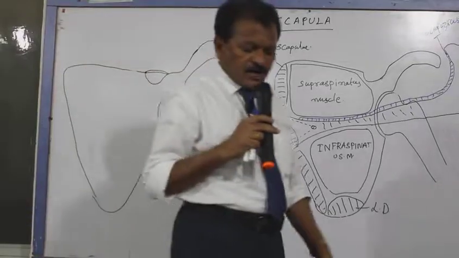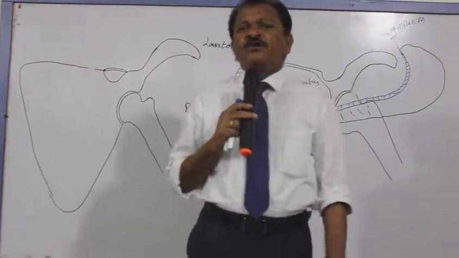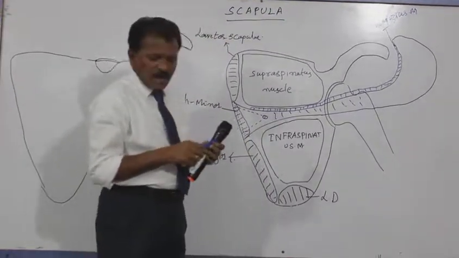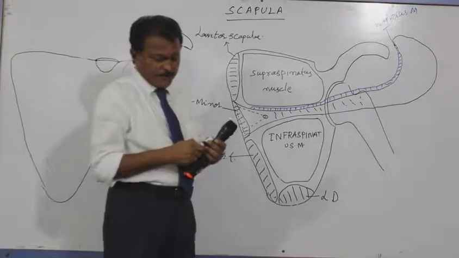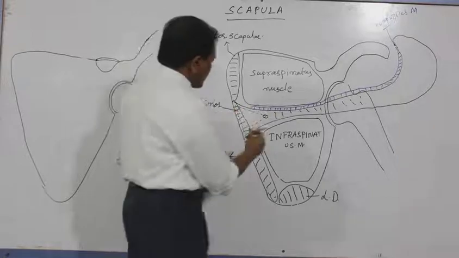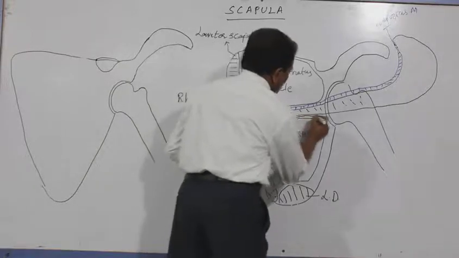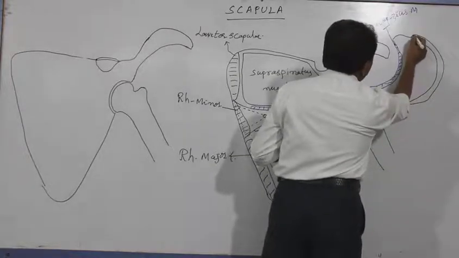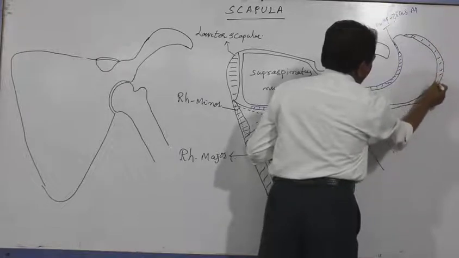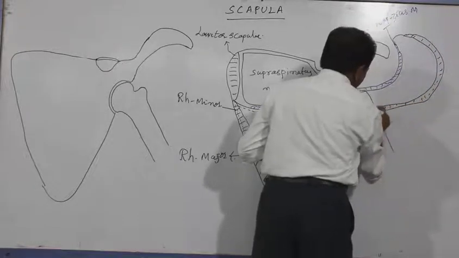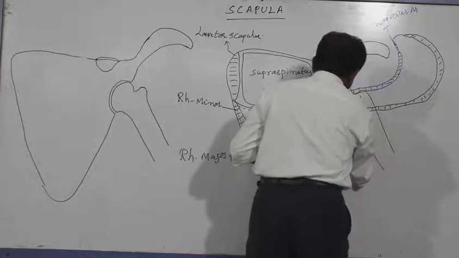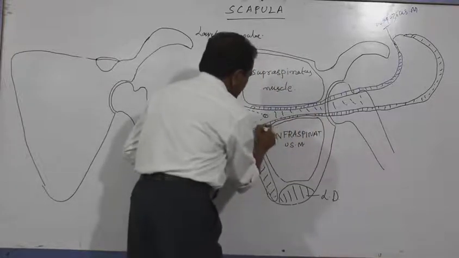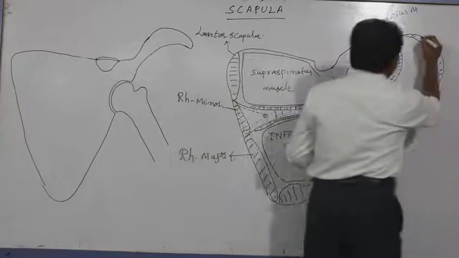The spinous muscle fibers are also called the posterior muscle fibers of the deltoid muscle, and their origin takes place along the inferior border of the spine of the scapula. So this is for the deltoid.